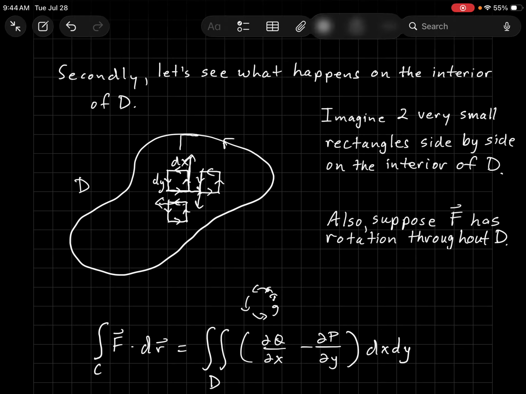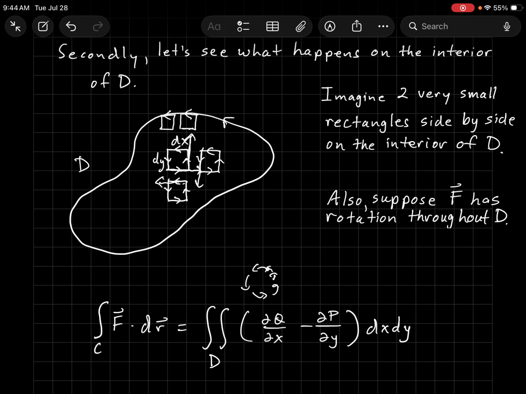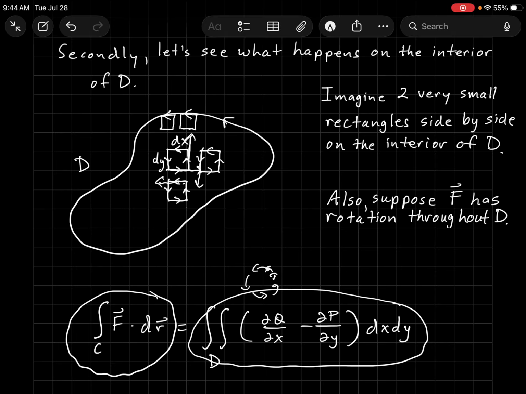What's the only thing that doesn't get canceled out? Well, it's simply all these pieces right on the boundary. So that's another way of looking at Green's theorem, where this is going to represent my internal rectangles, and I will realize that the internal rotation cancels, leaving me only the stuff on the boundary.